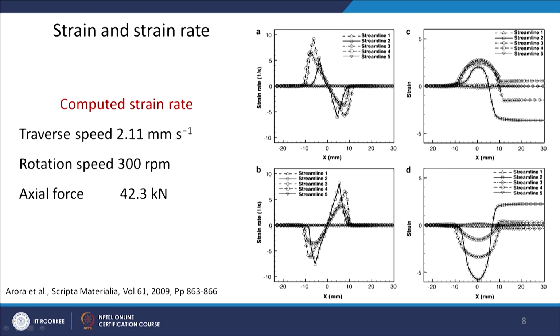I am not sure about the conditions right now, but the rotation speed was taken as 300 RPM and the traverse speed was 2.1 mm per second. To get an idea, the strain rate achieved is around 10 per second, and the strain achieved is around 3 in the stir zone.